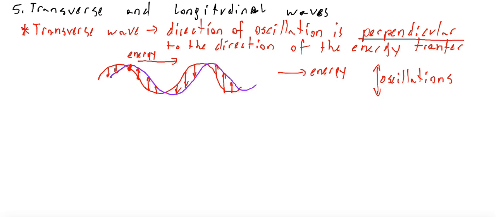Energy is transferred in a direction which is perpendicular to the direction of oscillation, and this is something known as a transverse wave. An example of a transverse wave: let's imagine a stone which is thrown into a pond.